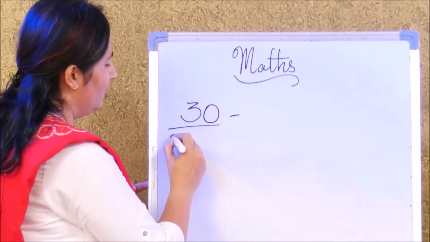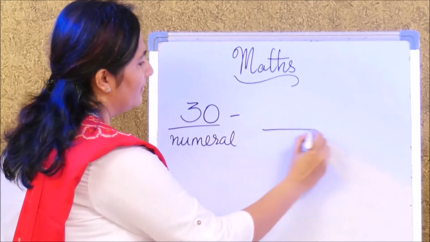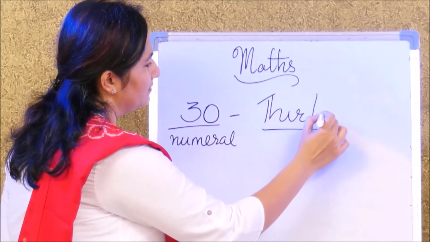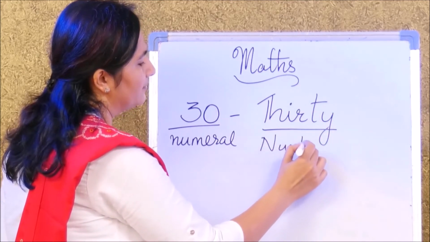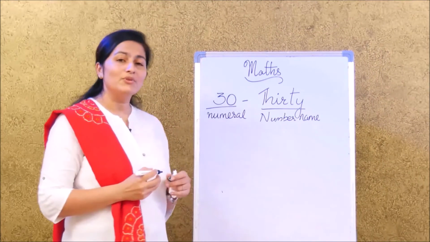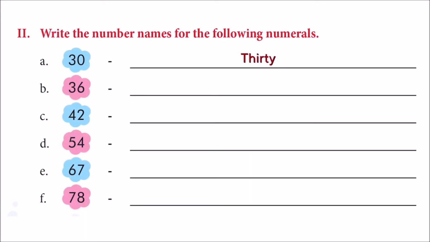This is the numeral and "30" is the number name. You know it already, it's just a brush up. So the second one would be 36. 30 and 6. Okay. Can you fill in the rest of it?